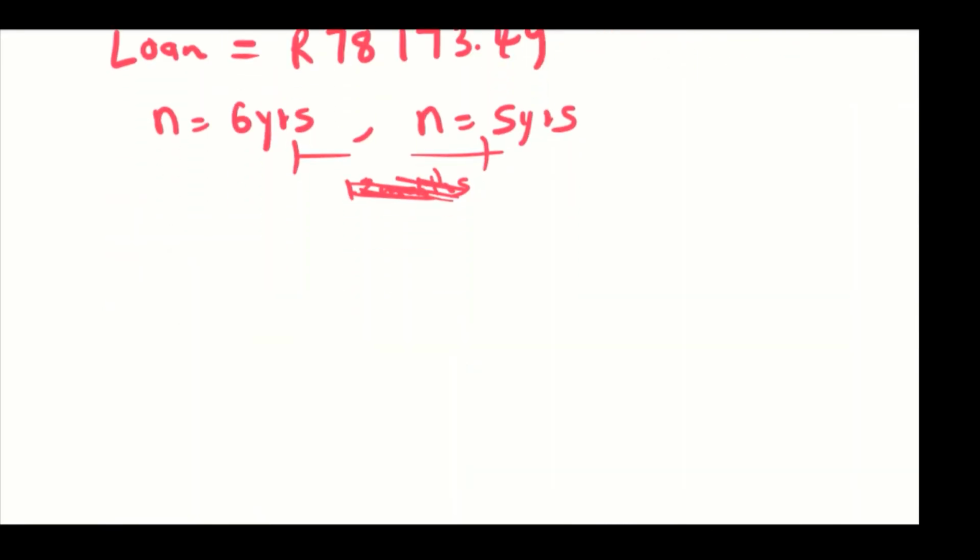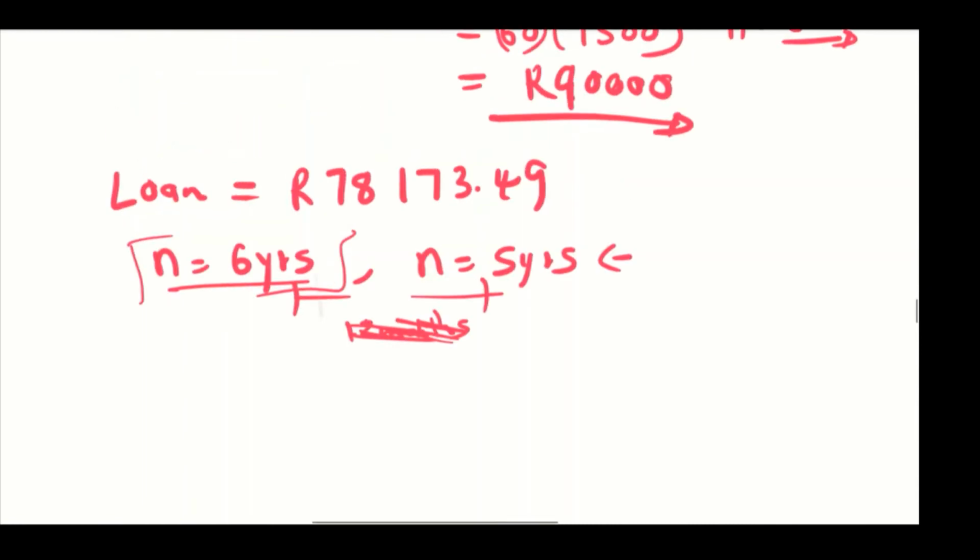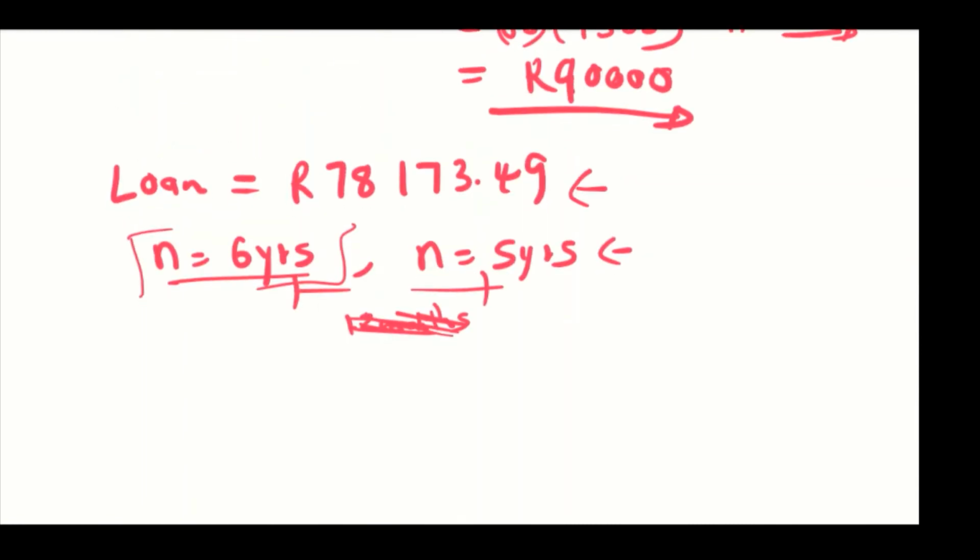So we just want to know that extra amount, because we are interested in 5 years, and the previous question was interested in 6 years. So we want to know the interest that would be made.